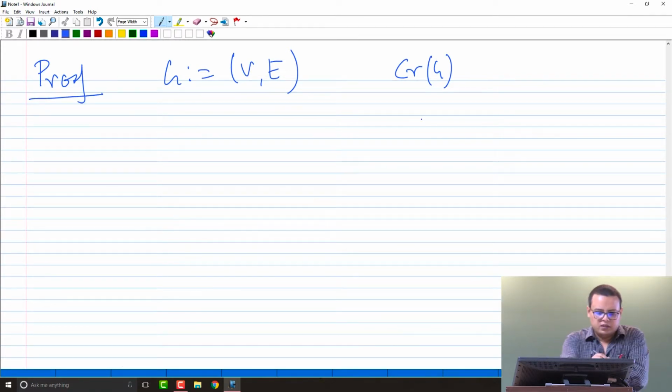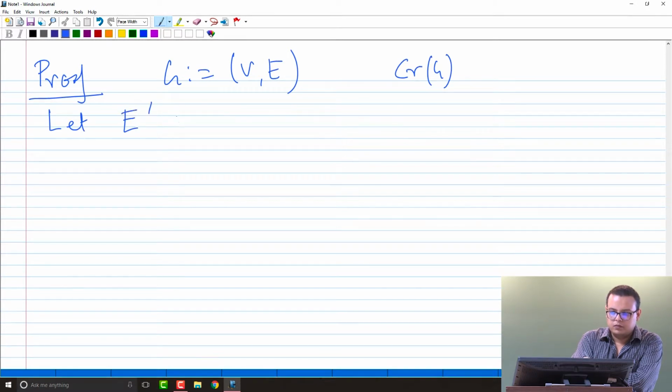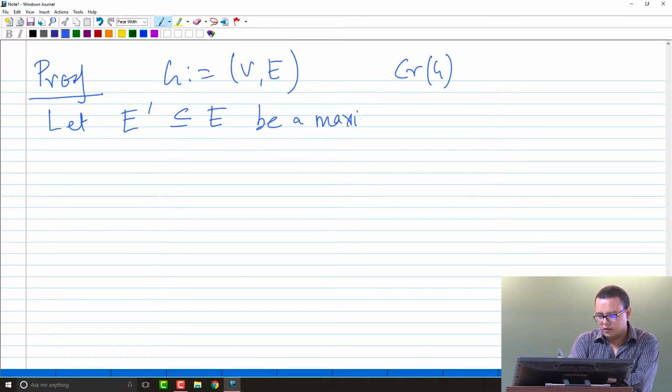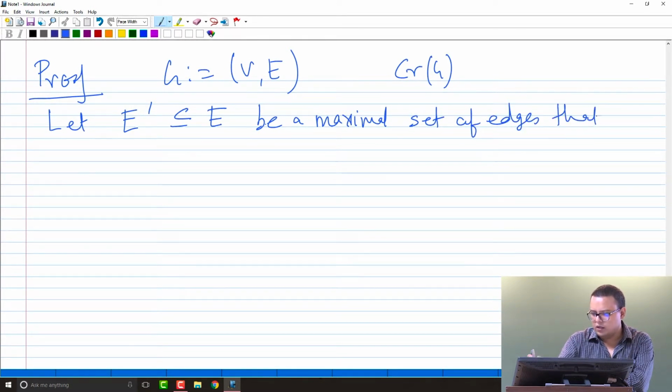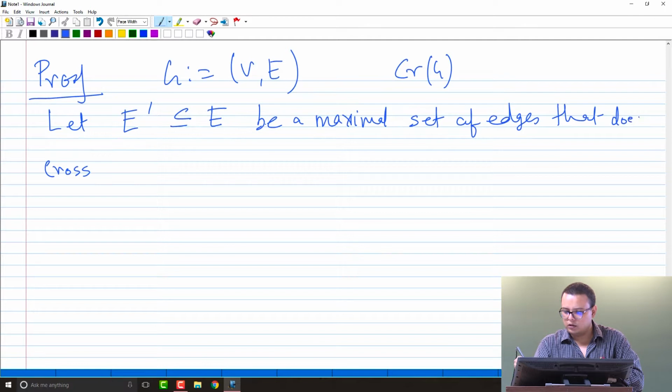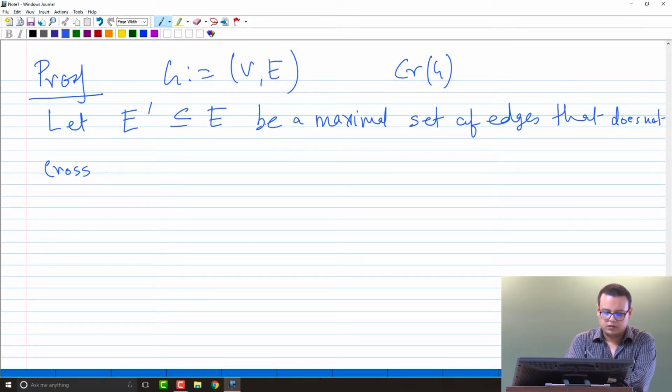So what I do is, let E prime, a subset of E, be a maximal set of edges that does not cross in the drawing.